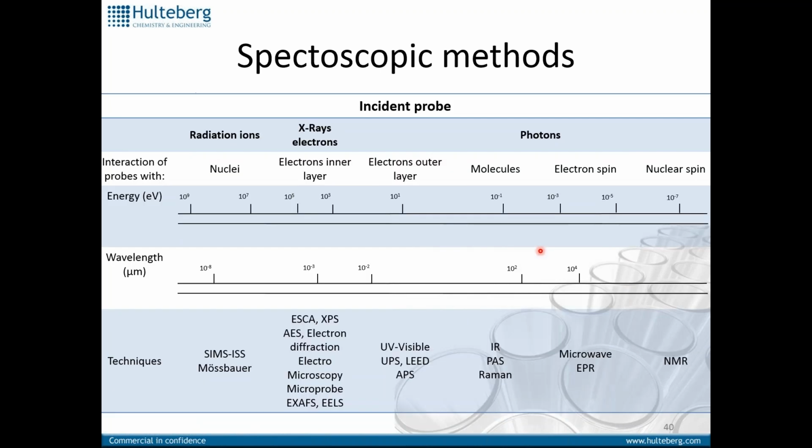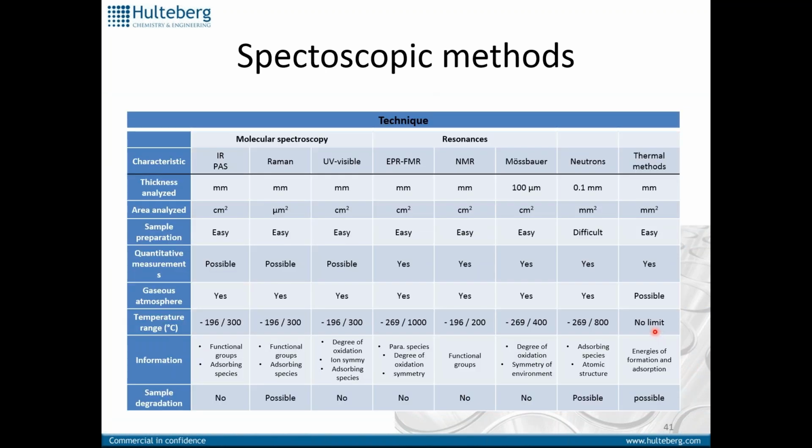If you look at the probes, they are different in energy, and with the different energies we also get different possible techniques. The lower the energy, the less severe the penetration into the material, and that comes back into the analyzed thickness.